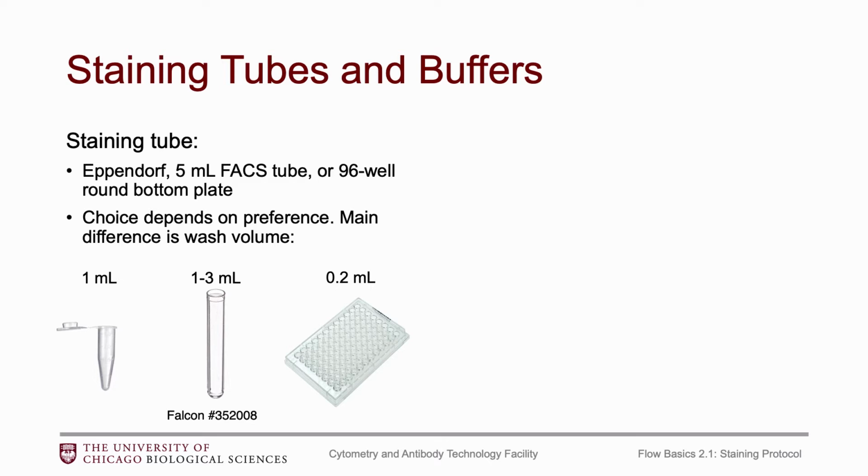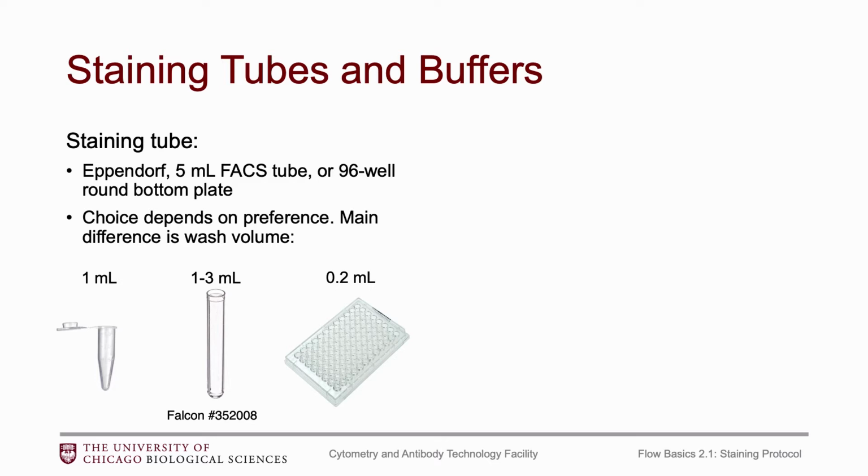Usually the round bottom plates work well. And again, you just will wash your cells in a different volume depending on which tube you're using. So in an Eppendorf tube, you can wash with 1 ml. In a FACS tube, you can wash anywhere between 1 to 3 mL, and then obviously a 96 well plate can't hold that much, so I usually do around 200 microliters per well.